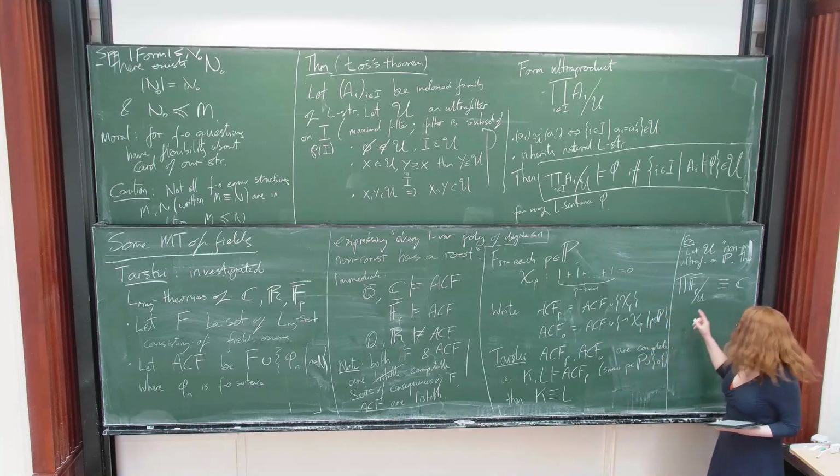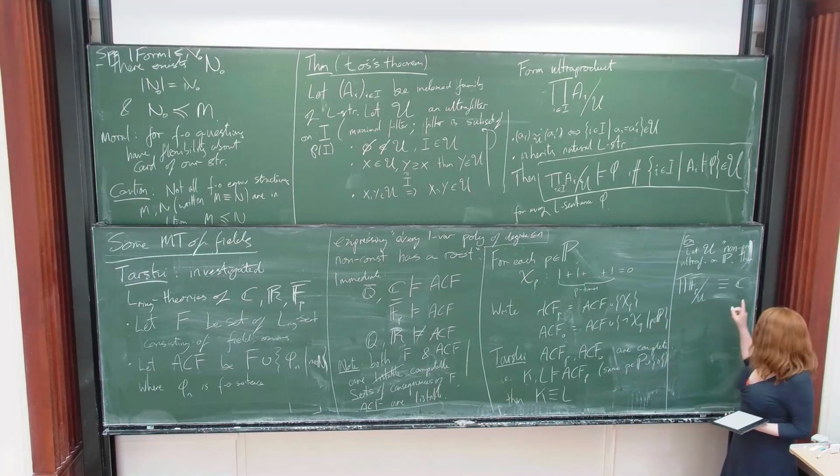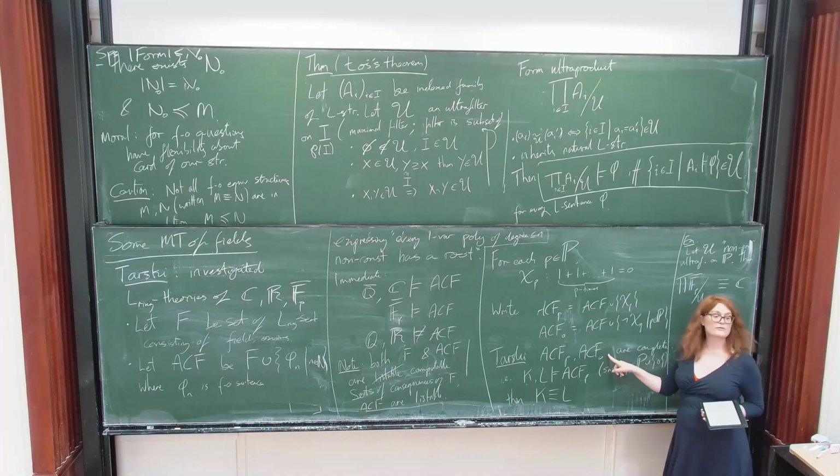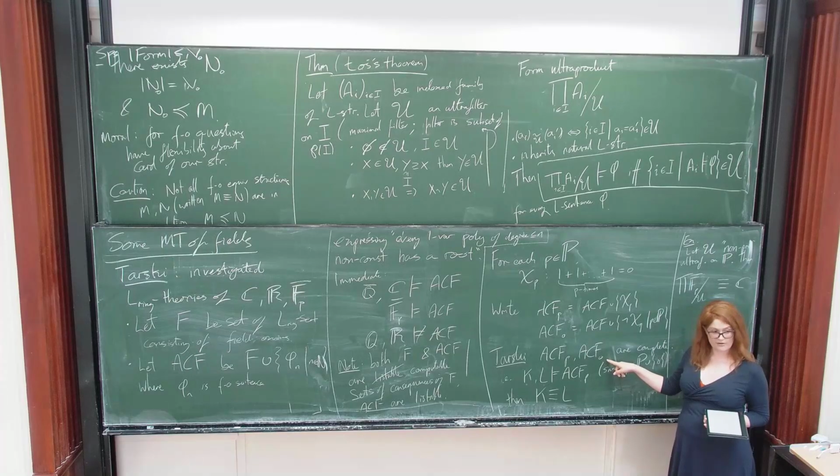Let's just trace through why that's true. Well, if I'm a sentence that's true about C, then in fact I'm in the deductive closure of this theory. I follow from these axioms.